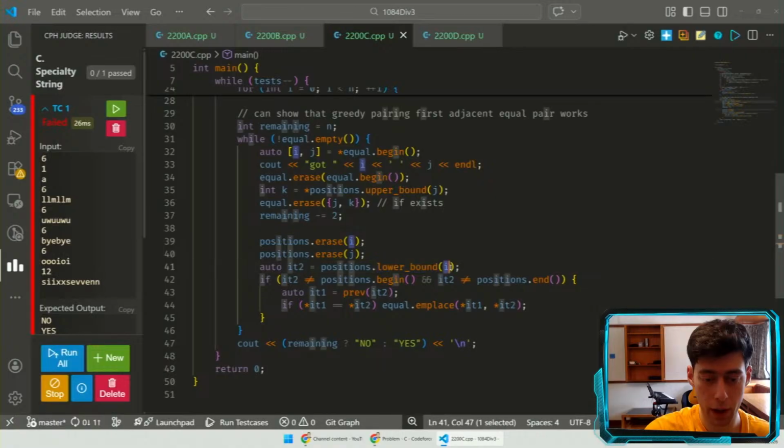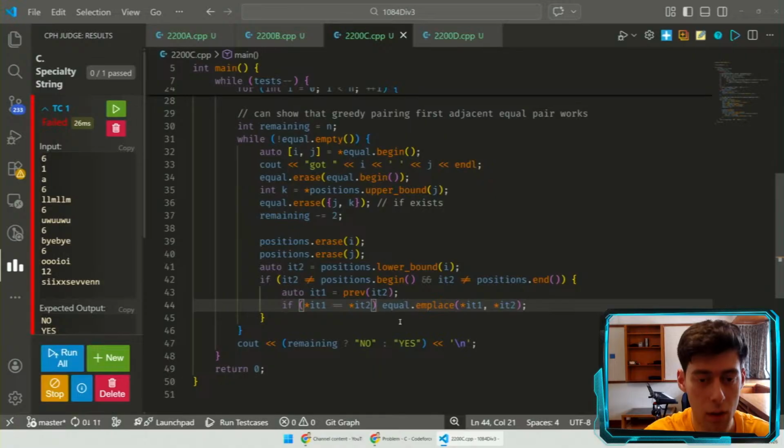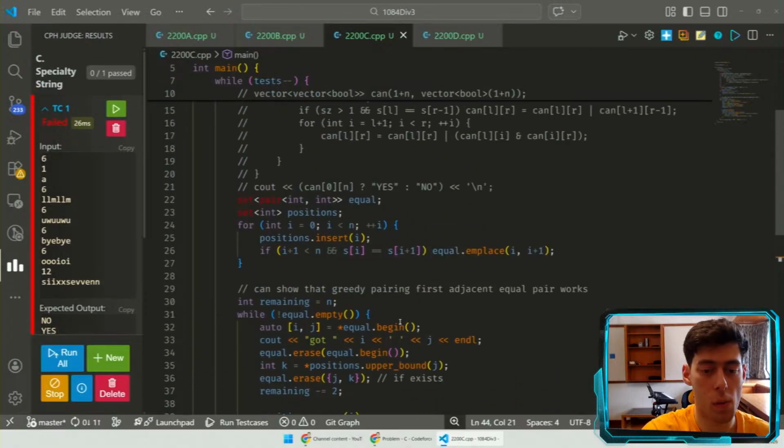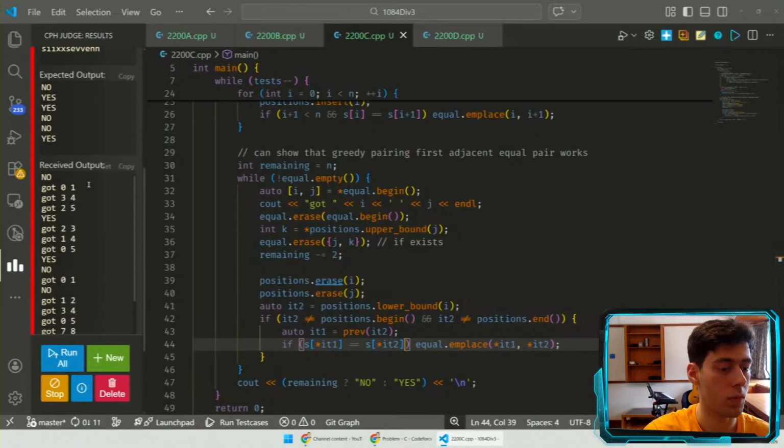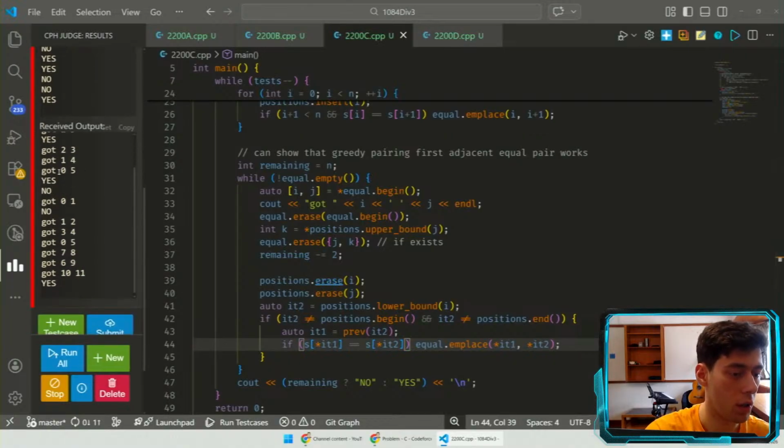So I lower bound I. At this point, I should no longer be in positions, and neither should J. I lower bound I. I take its previous one. Oh no, not that. If S at this index equals S at this index. Index value confusion mistake.